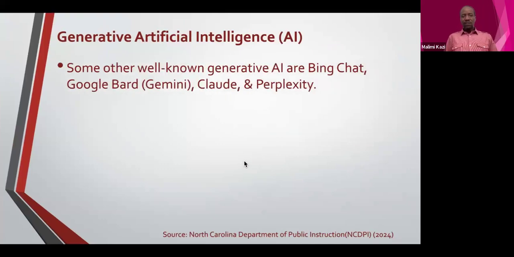Some other well-known generative AI examples include Bing Chat by Microsoft, Google Bard, now known as Gemini, Claude, and Perplexity.